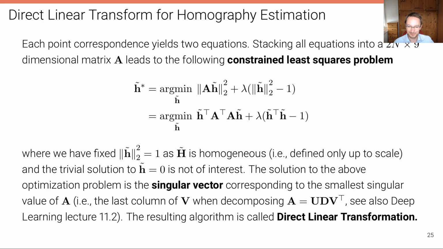Good. The resulting algorithm is called the direct linear transformation. So this is a very general algorithm that not only applies to homography estimation, but in general applies to estimating closed form solutions to systems expressed in terms of homogeneous coordinates.